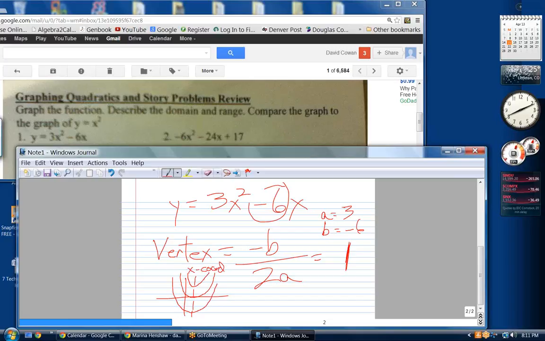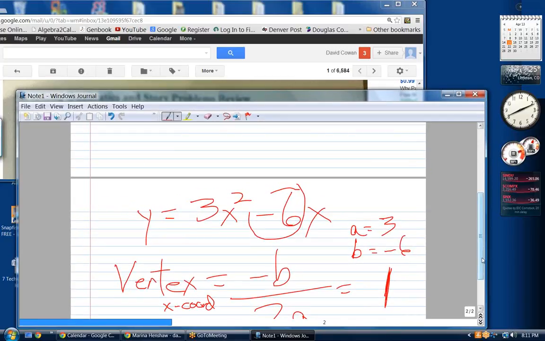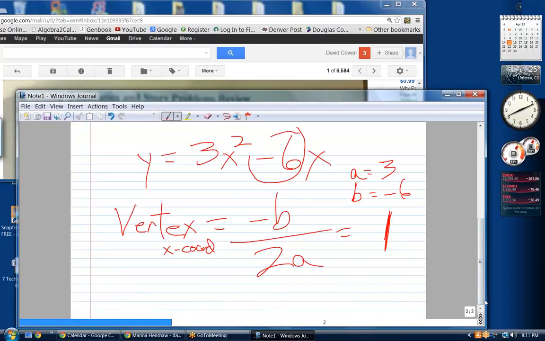Now, to figure out the y-coordinate of the vertex, plug the x-coordinate into the equation and solve for y. So what happens when I do that? If I've got y equals 3x squared minus 6x, and I plug in 1 for x, what am I left with?